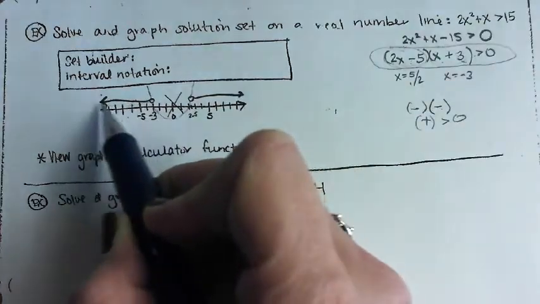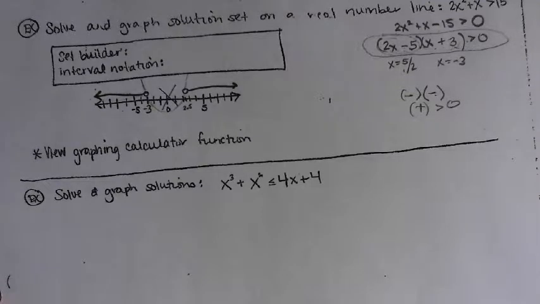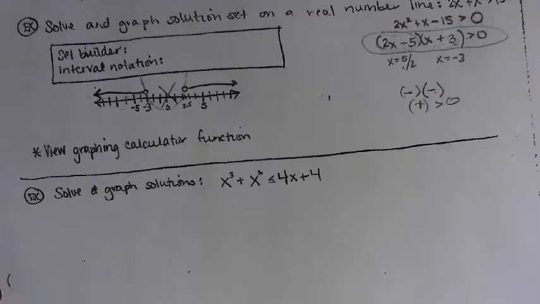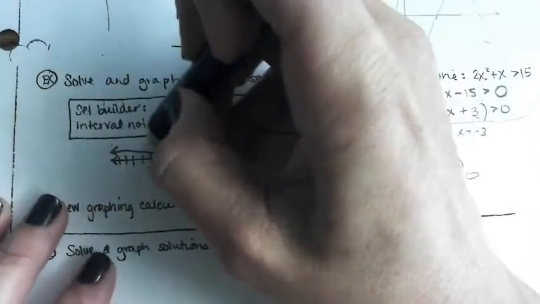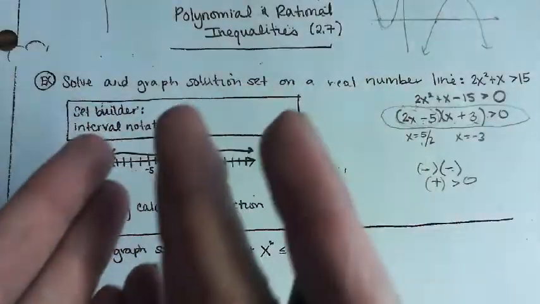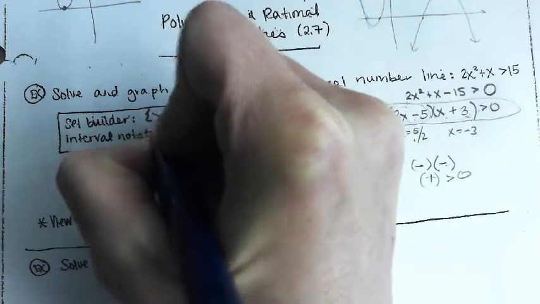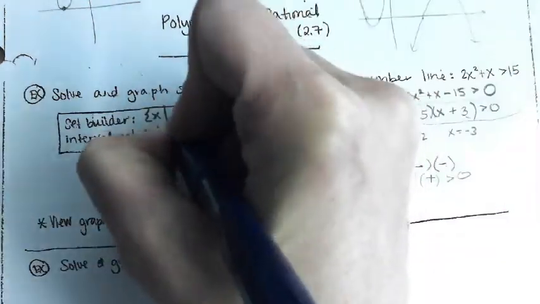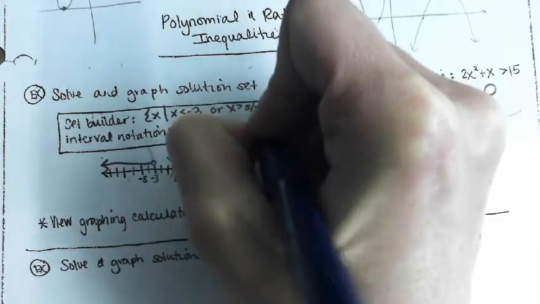That's why we shaded in those directions. If you wanted to base it off of your knowledge of the graph, you could do either. Does that make sense? So your solutions are partially shown by the number line, and then you'd explicitly state what they are in set builder notation. That would be the set of all x's such that x is less than -3 or x is greater than 5/2.